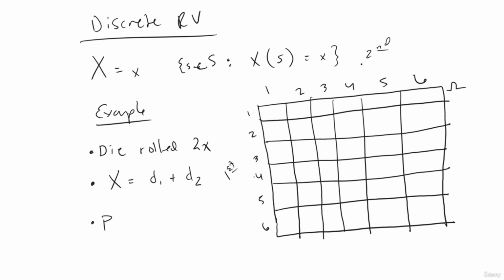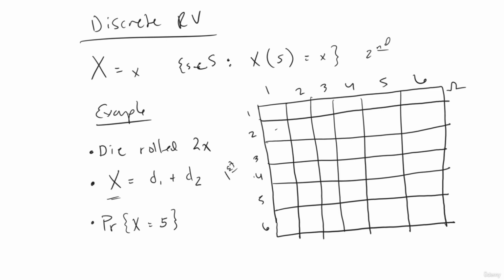I want to know what is the probability that x, our random variable, is equal to 5. What is that? Well, let's think about it. I'm going to take x and pass in all these different little tiny events that can occur. This one, this one, this one, this one, this one, and this one.